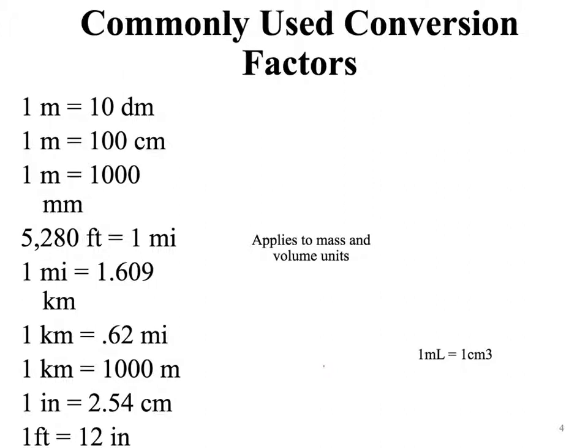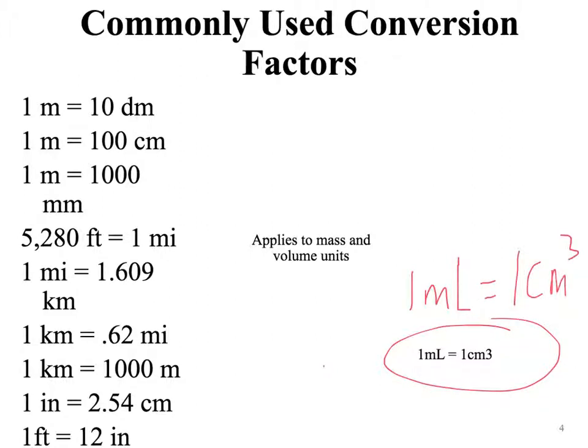I'm not going to read it, but if I were you, I would really recommend committing this to memory. One thing I do want to point out is that with density problems very often, 1 milliliter is equal to 1 centimeter cubed, okay? So that's important when you're talking about density. That's all I have to say with this.